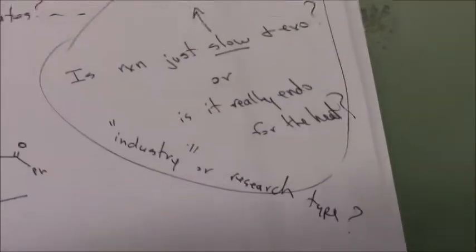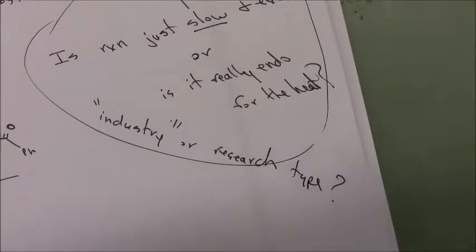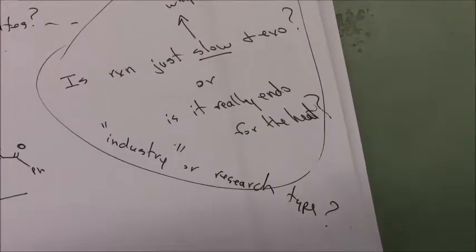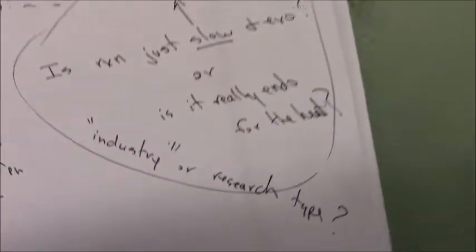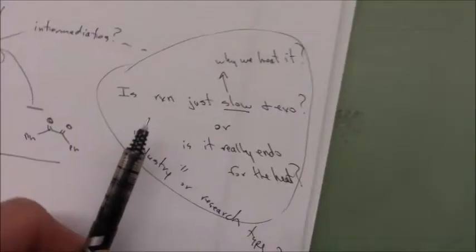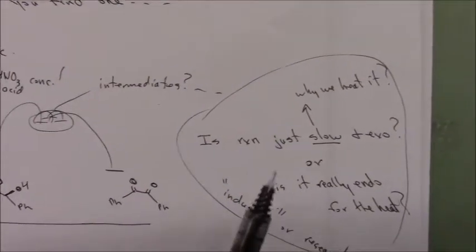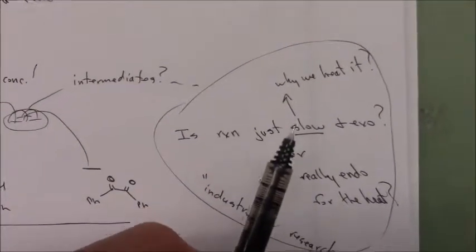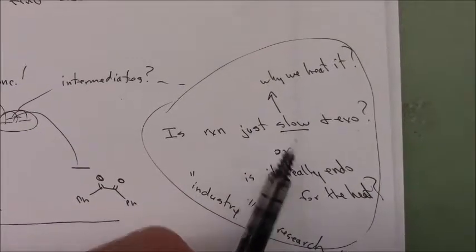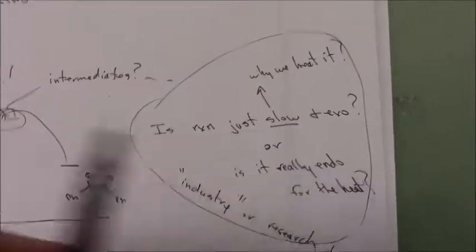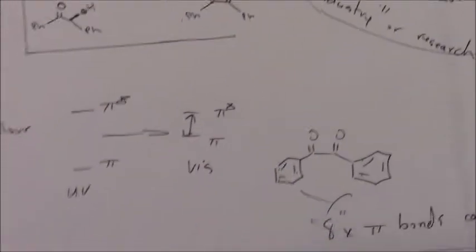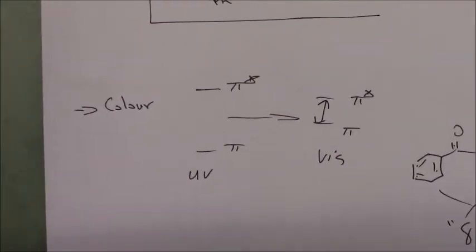So in industry, if this is an industrial process and you want to make it much more efficient, or even if you want to research the mechanism itself, you'd really have to start studying the mechanism, how many steps are there, and really identify whether it is kinetically slow or is there a thermodynamic reason for heating. So it's a point of interest that could be made. This is a great example to look into it if we wanted to.